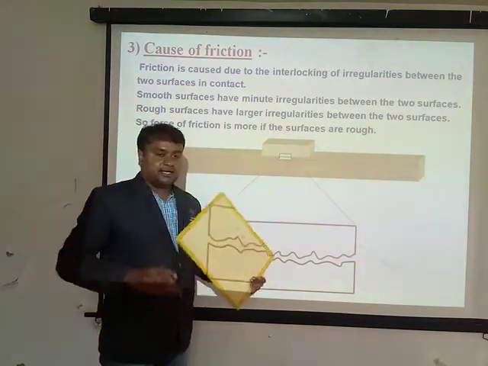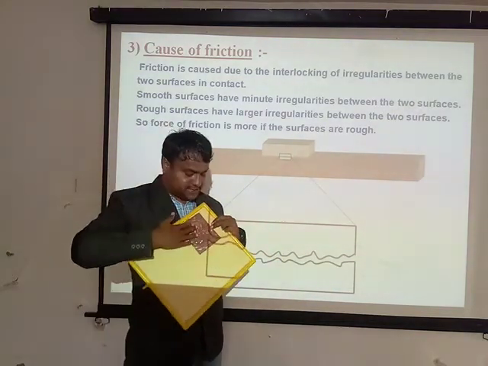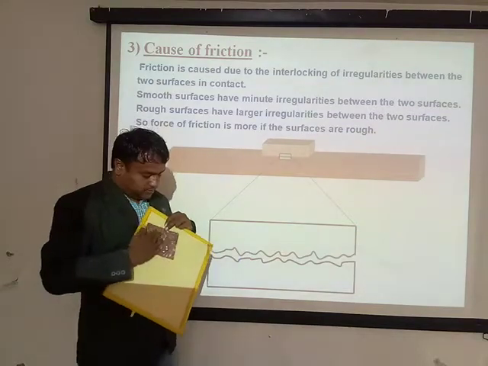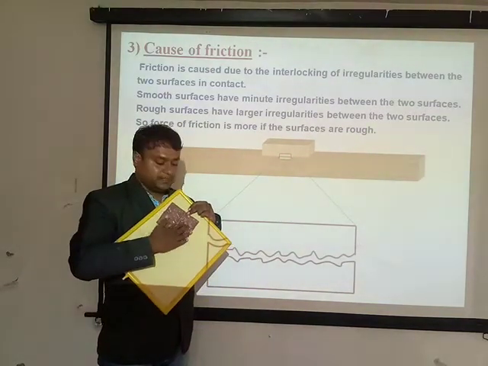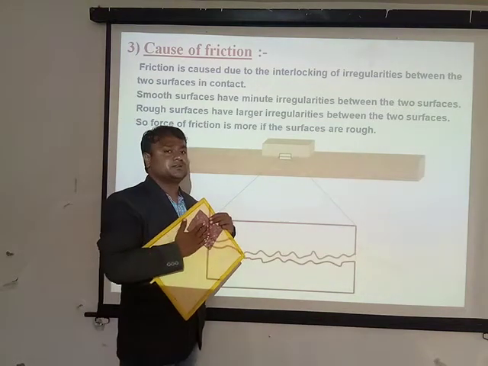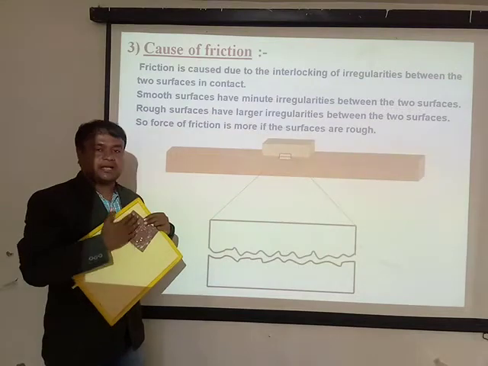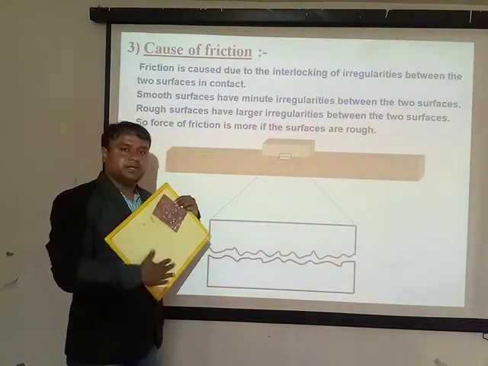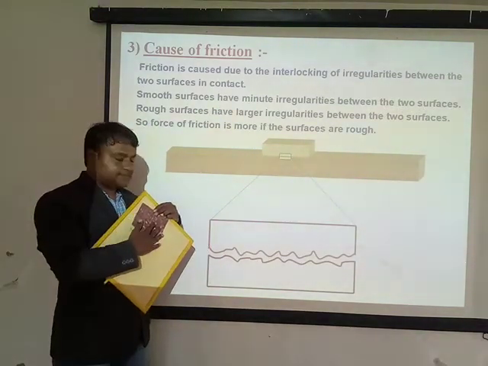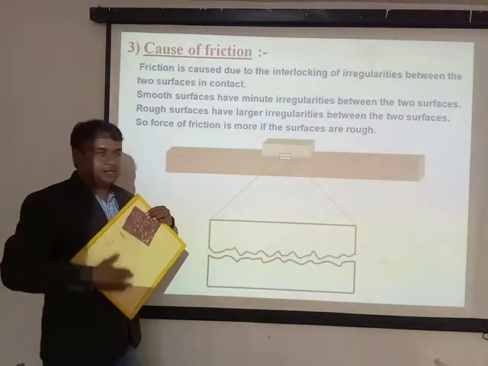And whenever I take that polished paper, when I feel it, it's a harder or rough surface. Here we can also feel the irregularities on the surface between the surface and my hand. Here we can feel smoothness, and here we can feel roughness or irregularity on that surface.